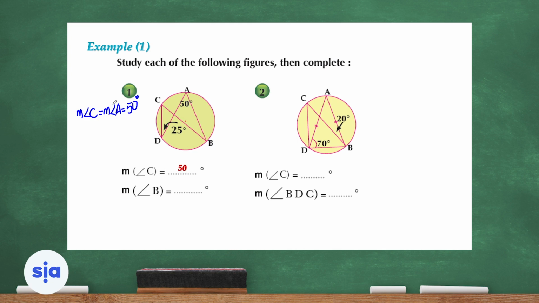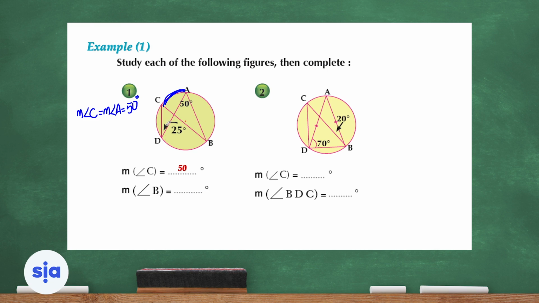Okay, how can we find angle B? Let's check. You will see that angle B is an inscribed angle coming from arc AC. Do we have another inscribed angle subtended to the same arc AC?